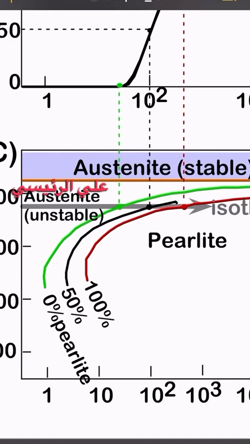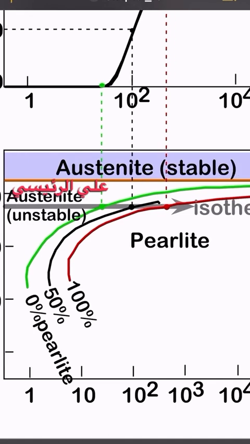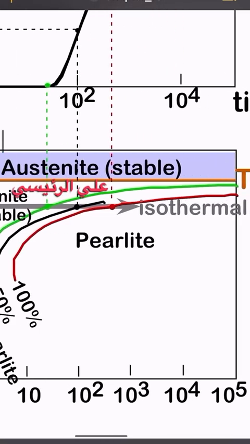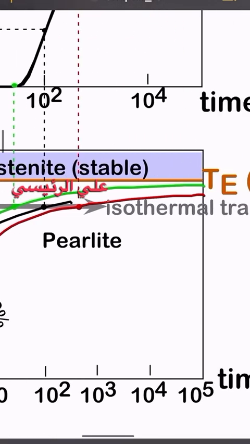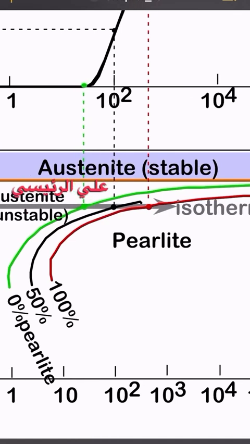When you go and reach the black line, it will become 50% perlite, and the full transformation is at the red line, where you can see 100% transformation.